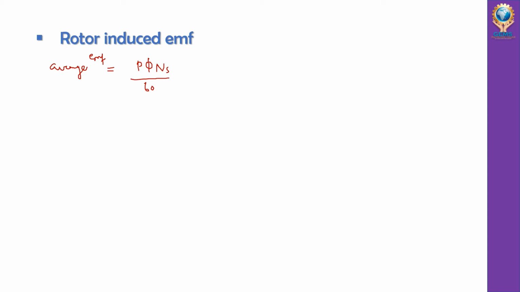Now we are going to convert this into the RMS value. For finding the RMS value, we need to multiply with the form factor, which is 1.11. We know that f is equal to P ns divided by 120.